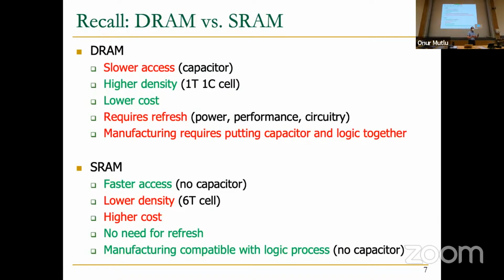So if you're wondering why we don't have DRAM on our processor chips, that's the reason, basically, because of manufacturing reasons. You could have it, except what you would have if you have a capacitor that's in a chip that's optimized for logic, that capacitor will be very large and very leaky. So it won't be like the DRAM chips that we know. So manufacturing is very important also, as you can see.